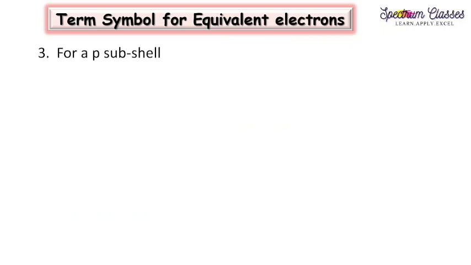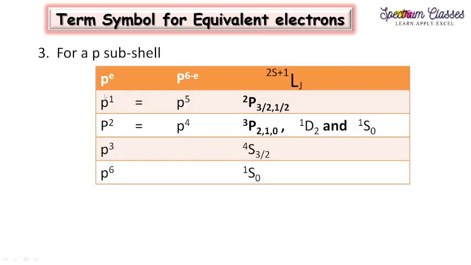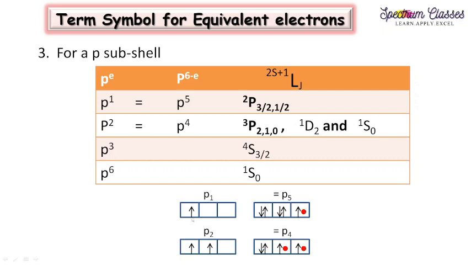Now coming to the next, for a p subshell. In the p subshell, we are having electrons p1 to p6. How are we going to understand that? So p1, p2 is equal to p5, p4 respectively. How is it so? That I am showing you here. If we are having p1 electron, one electron is here.